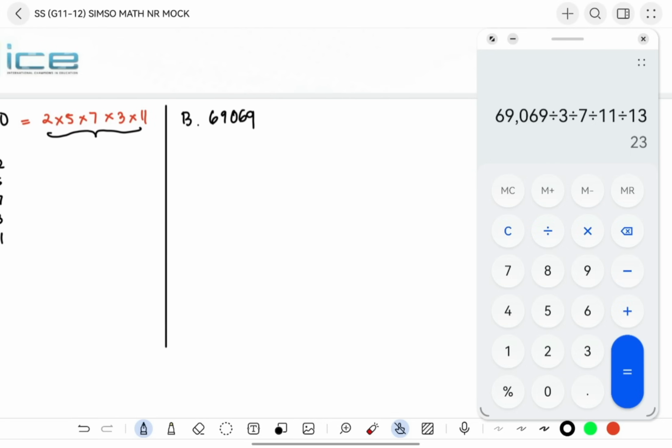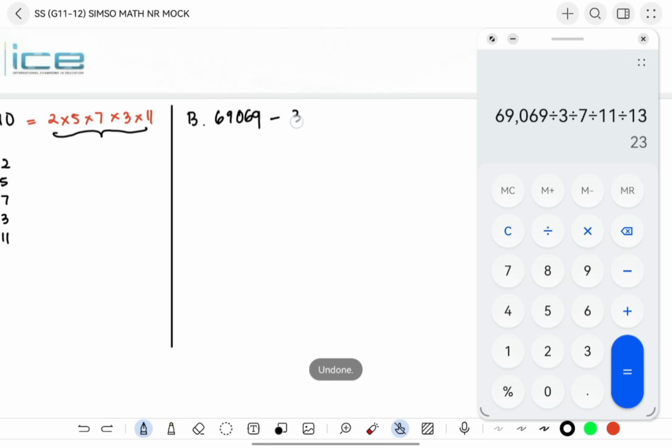So this is equal to 3 times 7 times 11 times 13 times 23. This is also a penta prime, which is not the answer, because the question asks to find the one that is not.